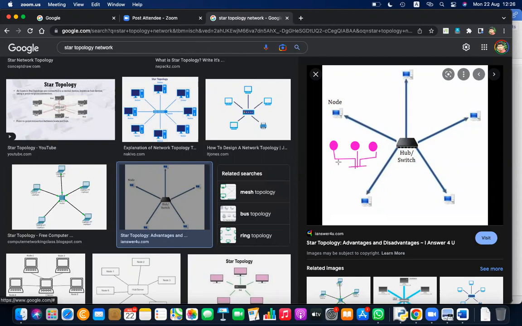So what is this topology? The pink color one. Is it bus topology, star topology, or ring topology? Star topology. Yeah, that is star topology.